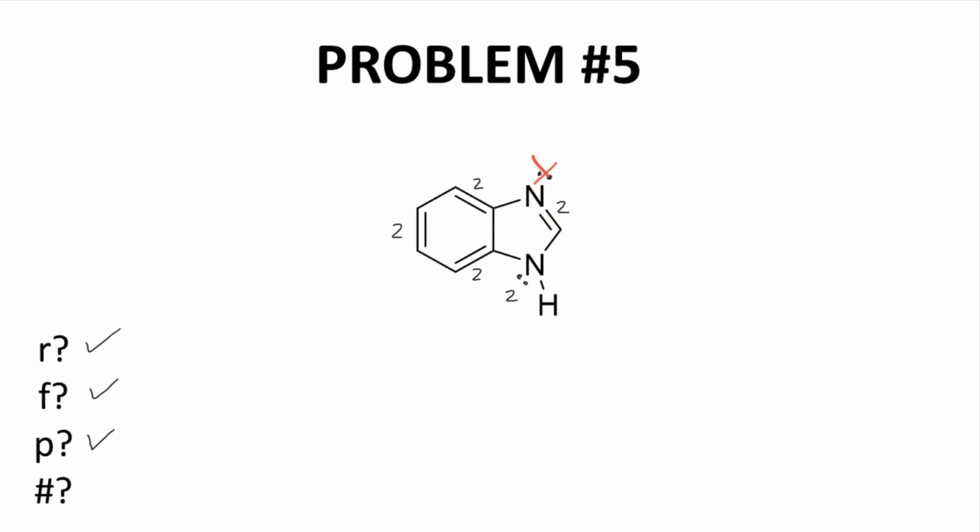So therefore, we ignore that lone pair, and that gives us 2, 4, 6, 8, 10 electrons. 10 electrons. And we put that into 4n plus 2. And n will solve out to be 2, and that's an allowed solution. So yes, this is aromatic. Well, we knew that when we saw the structure. Furthermore, it's aromatic with a full 10 electrons.